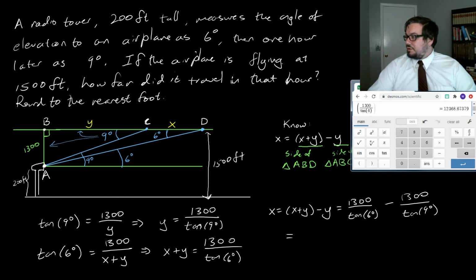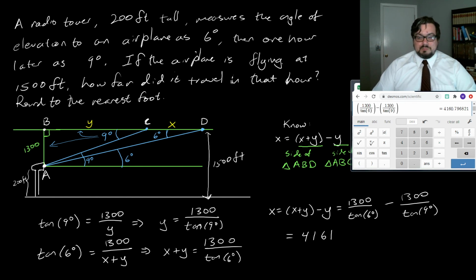All right, so there's my first fraction, minus, open up a new parenthesis, 1300 divided by tangent of 9 degrees. And we see that this is, rounded to the nearest foot, 4,161. So we see that our answer is 4,161 feet.